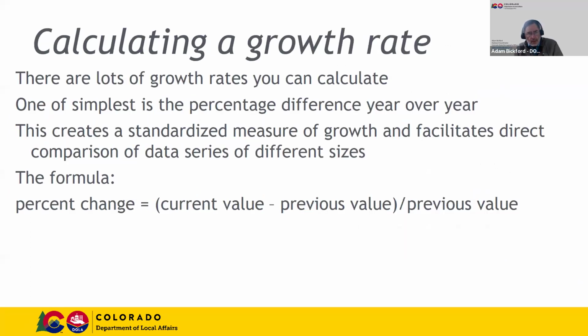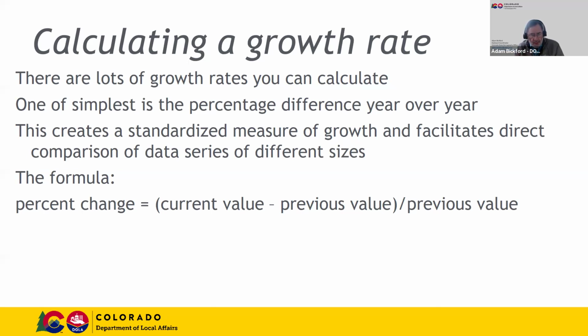Now, the other approach is to standardize this data, calculating a growth rate. There are lots of different growth rates that you can calculate. Use the one that works for you, the one that is required, and the one that illustrates what you want to show. We're using a very simple one, one of the simplest that we have.